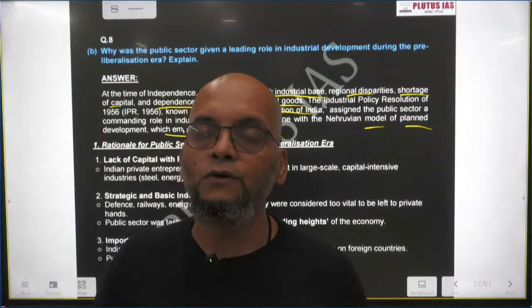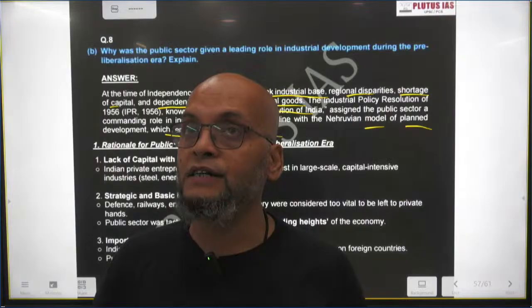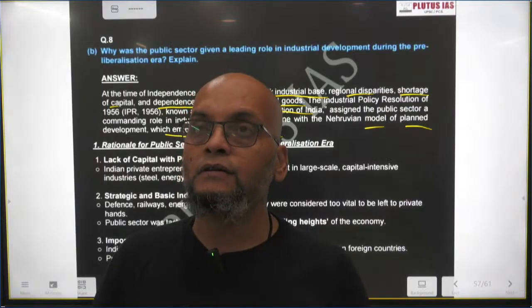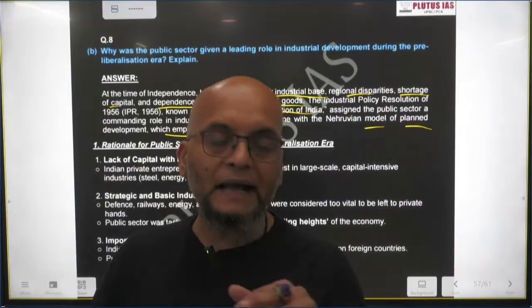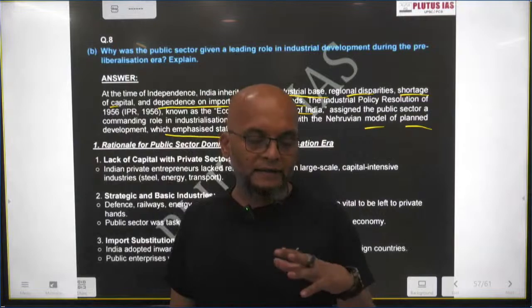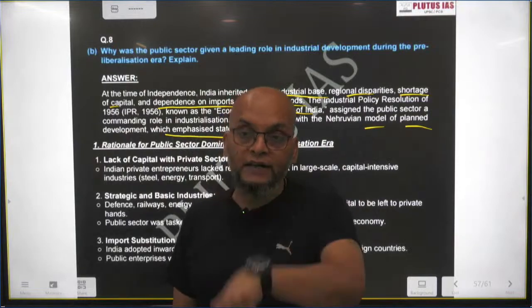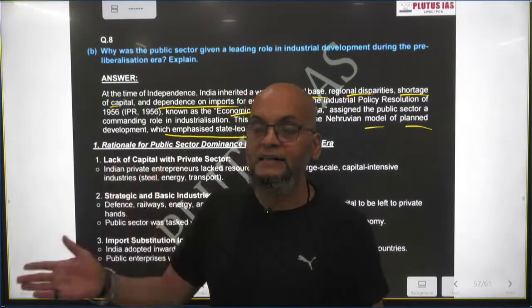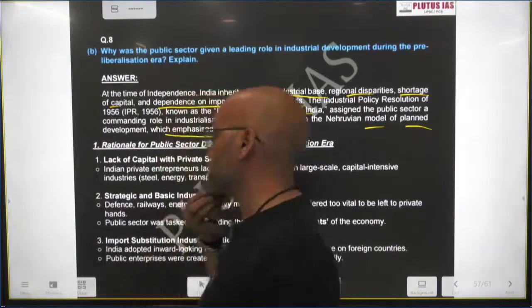How do you expect them to run heavy scale industries, to build roads? It was a timely process. So the initiative was good, and these PSUs performed well under Nehru. It was after Nehru, 1964, that these PSUs started deteriorating and their development stopped.